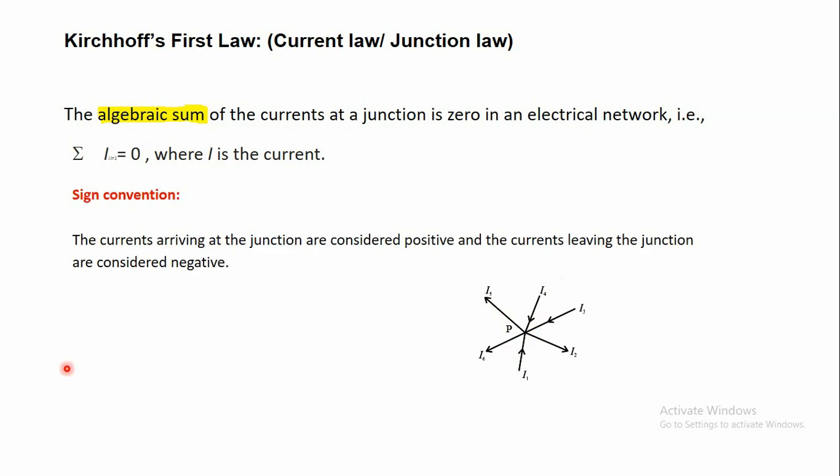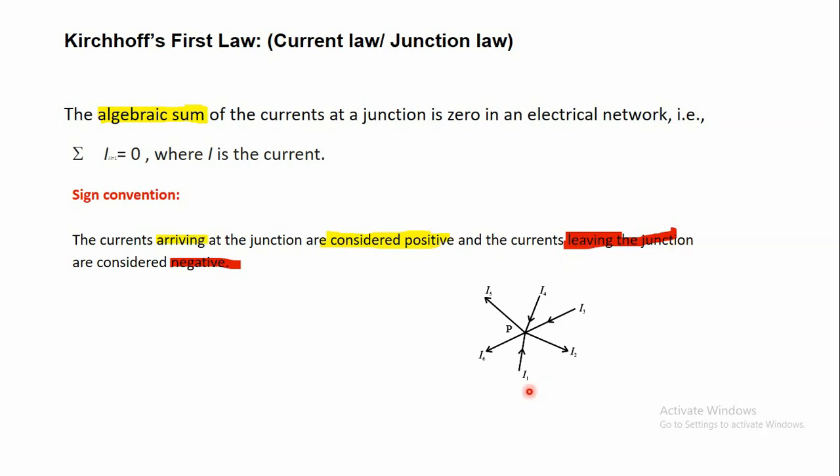So what is that? We see here, it says that the currents arriving at the junction are considered positive. See, arriving is considered positive, and the currents leaving the junction are considered negative. So this is the important thing you have to remember, that the currents arriving at the junction will be positive and the currents leaving the junction will be negative.